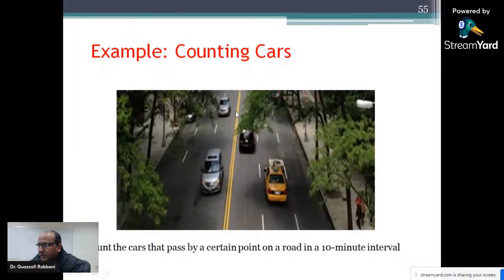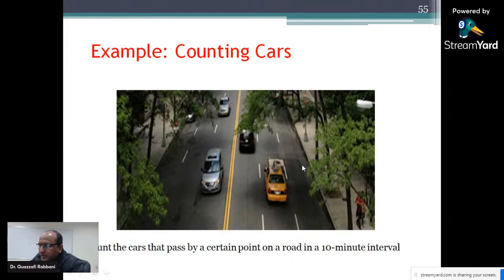For example, you just see and count the number of cars passing on the road. So here four cars or five cars are seen. You just observe this data: there are four or five cars at a certain point of the road.